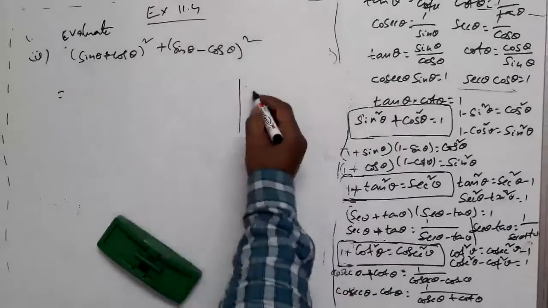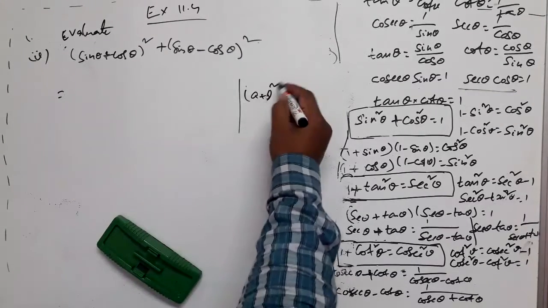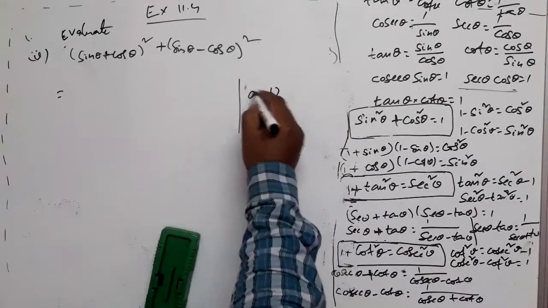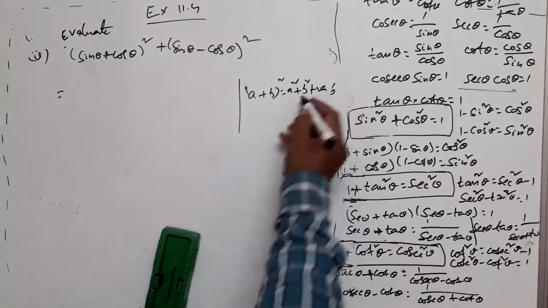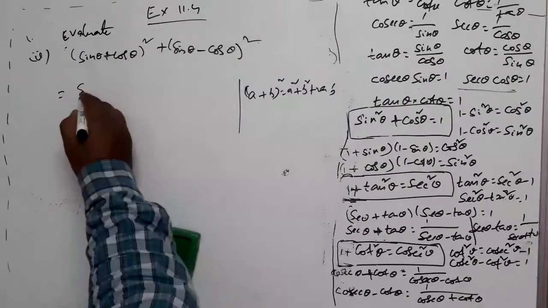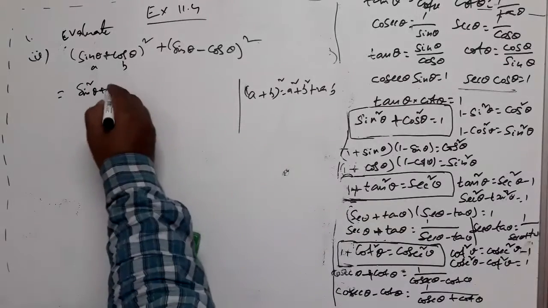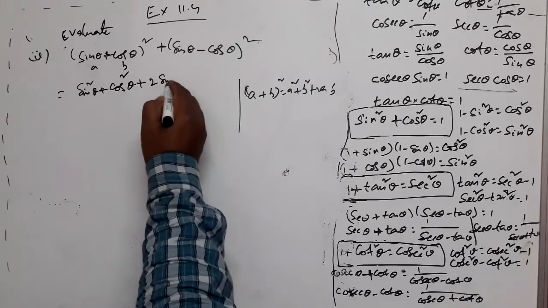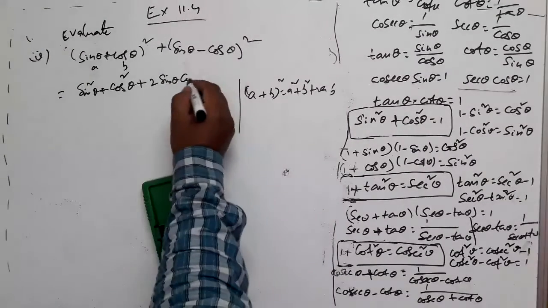So tell me now. Of course, let us expand. In the exam, let us do it like this. A plus b whole square is a square plus b square plus 2ab. Let us say this is a, this is b. A plus b whole square: a square is sin square theta, b square is cos square theta, plus 2 times ab. ab is sin theta multiplied by cos theta.